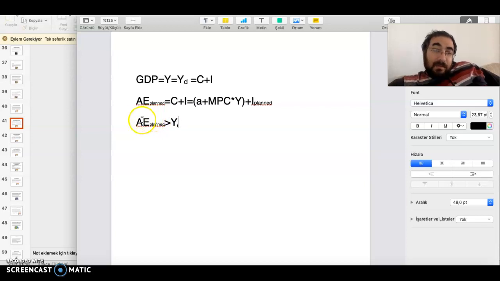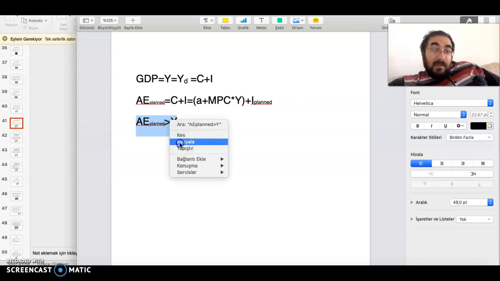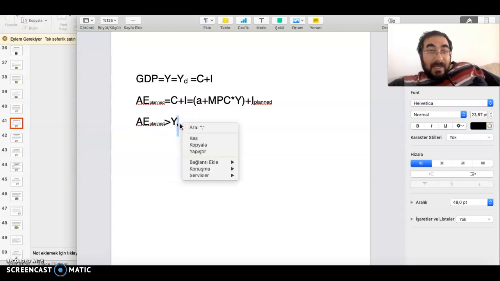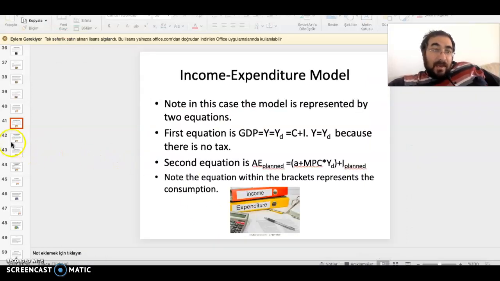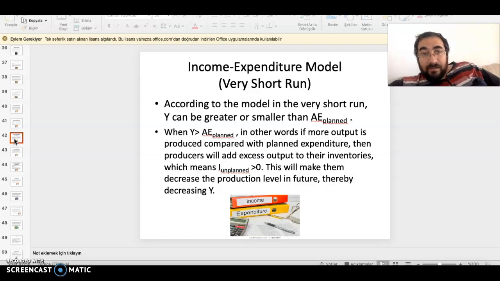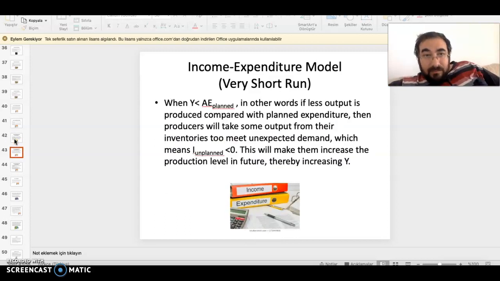When the companies are meeting excess demand, and note that they also have excess capacity, they will increase their production level as long as AE is greater than Y, and they will stop increasing their production level at the point when AE is equal to Y. So this is the case when we have AE greater than Y.